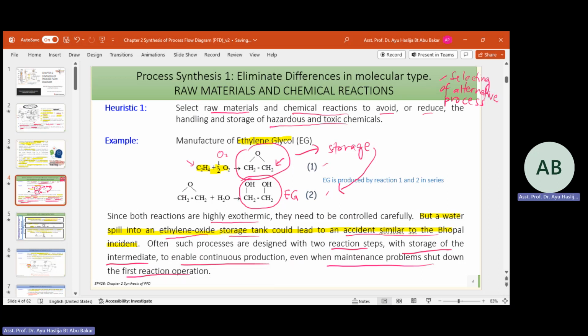You must have a specific storage design in order to secure this ethylene oxide. The storage is required because if the first process line shuts down, you still have the storage to supply reaction 2.